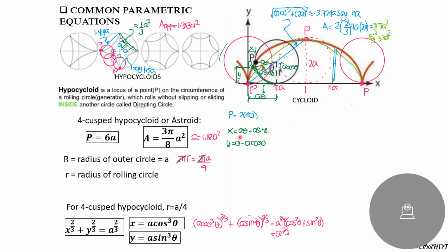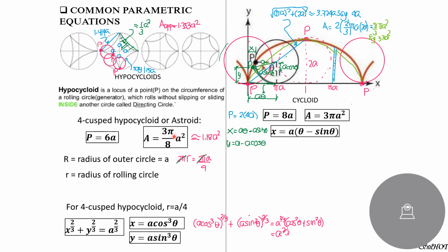So x is a theta minus a sine theta. Factor out a, then we have a times quantity theta minus sine theta. I will explain this, and I'll give you the technique on how to memorize that.